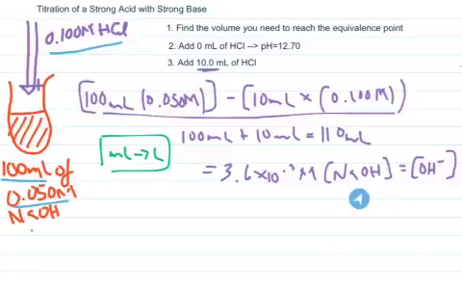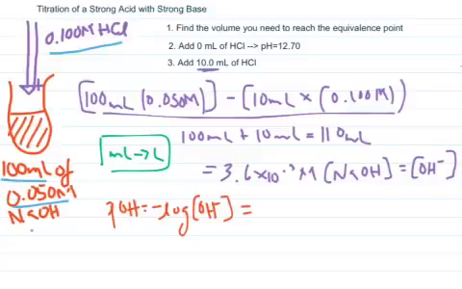Remember, you have a strong base, so we can say it is hydroxide, which is going to give us a 1-to-1. Now, because I am looking for the pH, I need to convert this into pOH to find pH. So the pOH is equal to the negative log of our hydroxide, and that's going to give me 2.44.